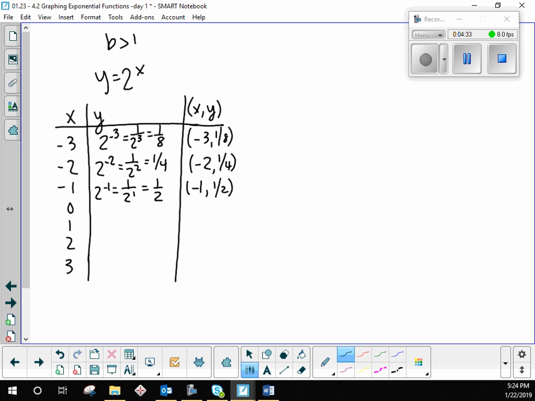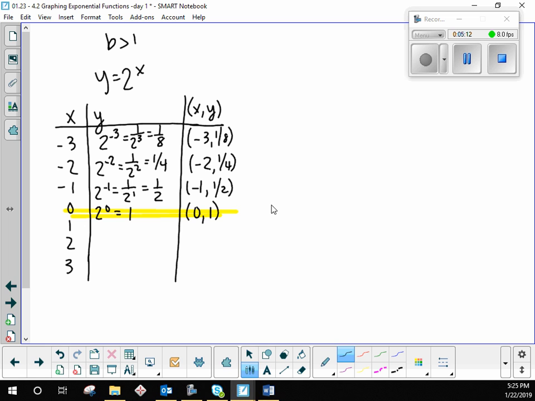The next 2 points are important because they have a consistency no matter what the base is. So when x is 0, and I plug it in, that gives me 2 to the 0. Remember that anything to the 0 power equals 1. So (0, 1) is going to be a point on every exponential function, because no matter what your b is, when you put 0 for x, it will simplify to 1. So this is a special point that will be on every exponential graph.